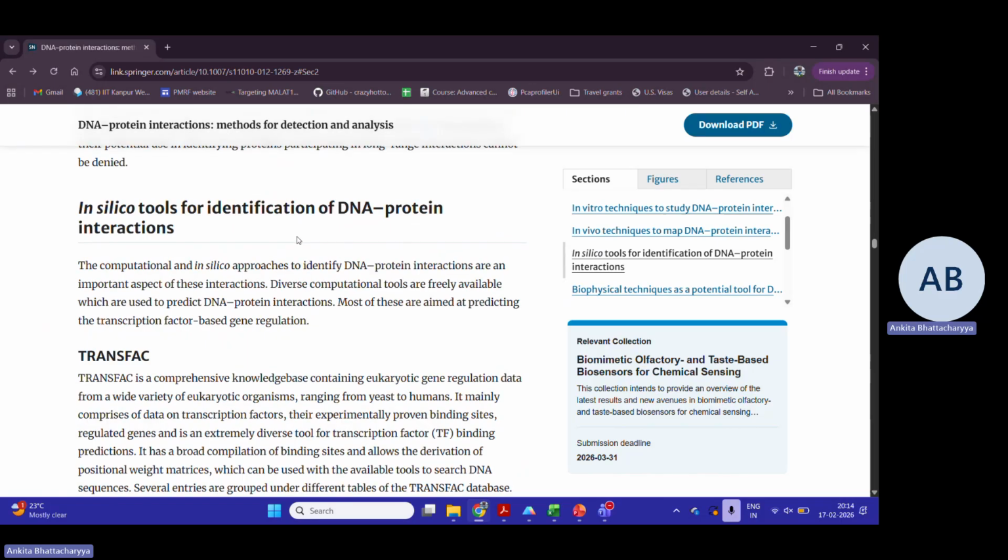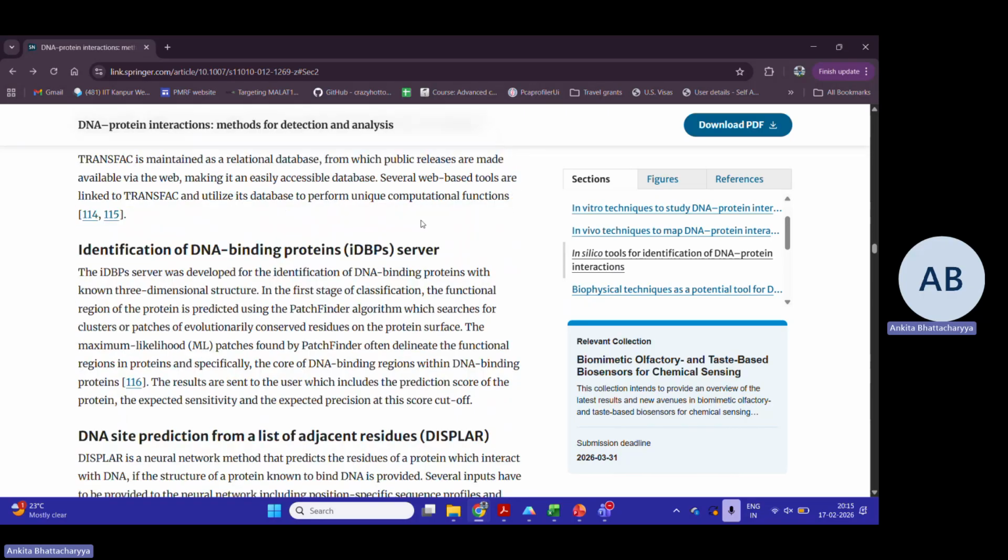What we can certainly look at today are the in silico tools for identification of DNA protein interactions. The computational and in silico approaches to identify DNA protein interactions are an important aspect of these. Diverse computational tools are freely available, which are used to predict DNA protein interactions, most of which are aimed at predicting transcription factor based gene regulation. So the first one, TRANSFAC, or otherwise also JASPAR.